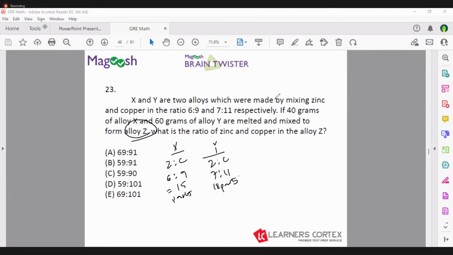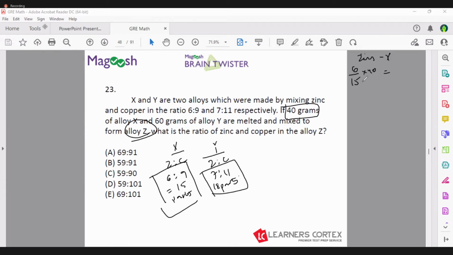So here it says 40 grams of alloy X. What we can do is first take out the grams of zinc and copper respectively in alloys X and Y. So if it is 40 grams, 6/15 parts would be zinc in alloy X. Does that make sense to everyone?